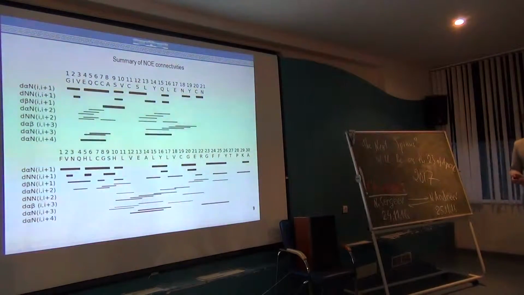And so, if we see a long-range distance signal, we can predict a secondary structure formation, such as helix. So we clearly see this formation from residue 2 to 5 in A chain, from 12 to 18 residue, and we can see a long helix in B chain. Additionally, we see a strange signal, which we must check.